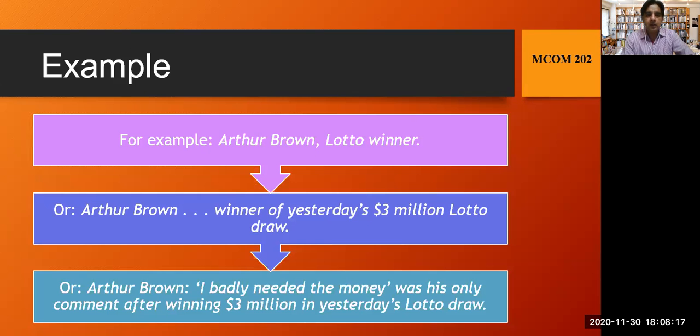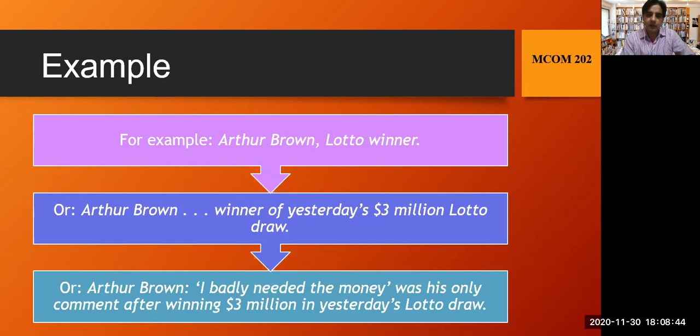For example, Arthur Brown, Lotto winner. There's only the name of a person and what he has achieved. Or Arthur Brown, winner of yesterday's 3 million Lotto draw. It's quite a lengthy line. Or there is another example: Arthur Brown, "I badly needed the money," was his only comment after winning 3 million in yesterday's Lotto draw. So it all depends on what kind of picture you have.